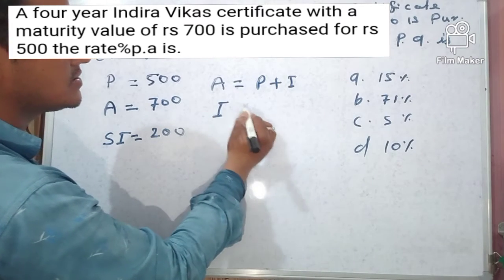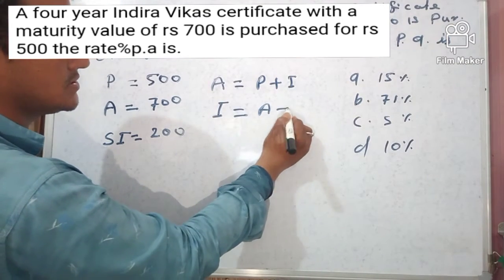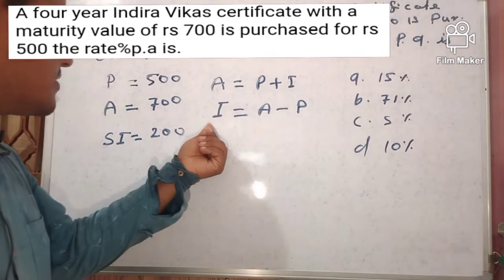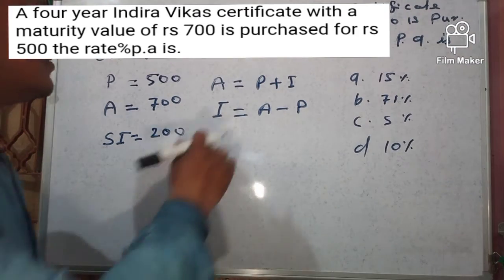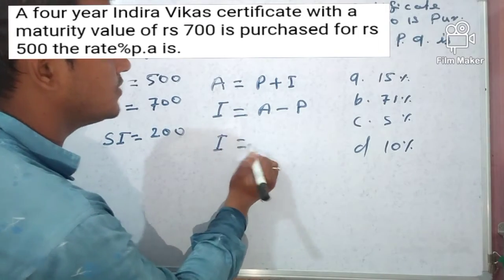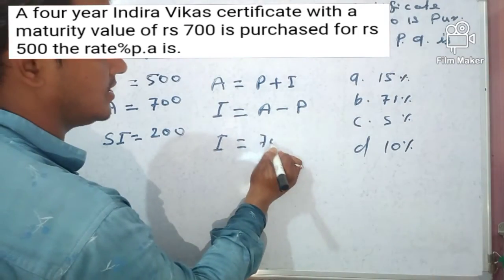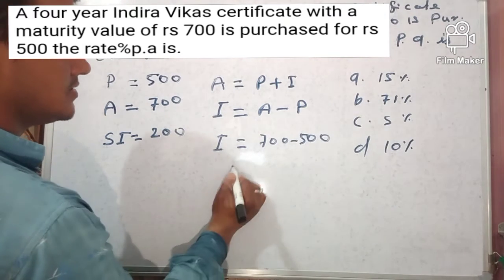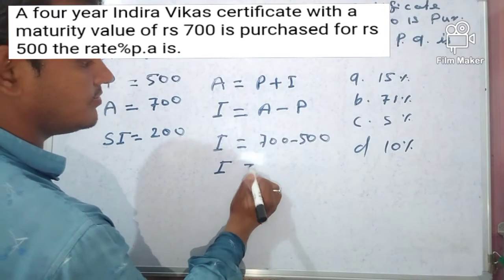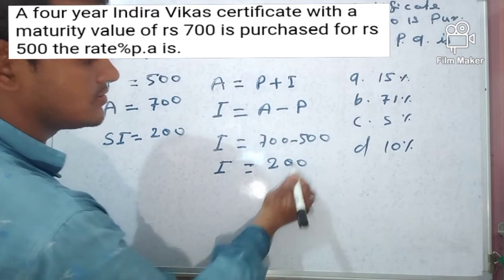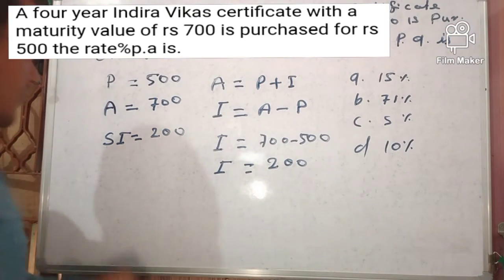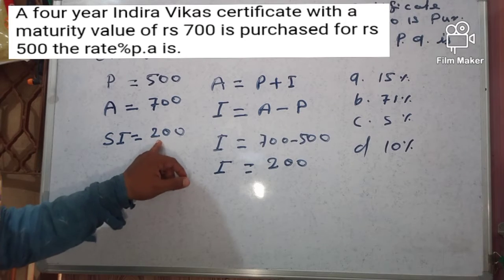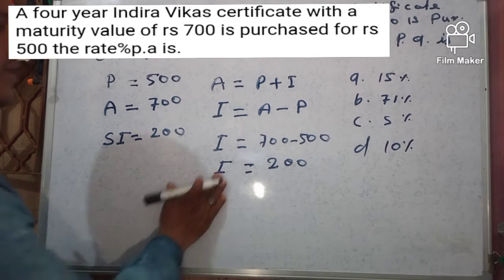So simple interest equals amount minus principal, 700 minus 500. So interest will be 200.